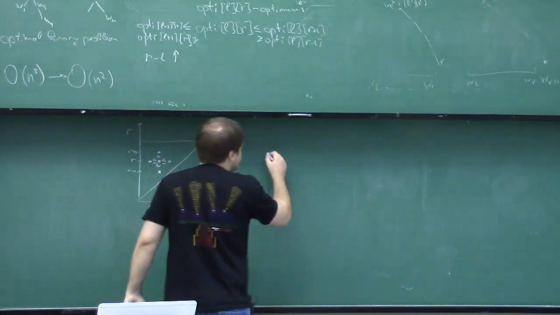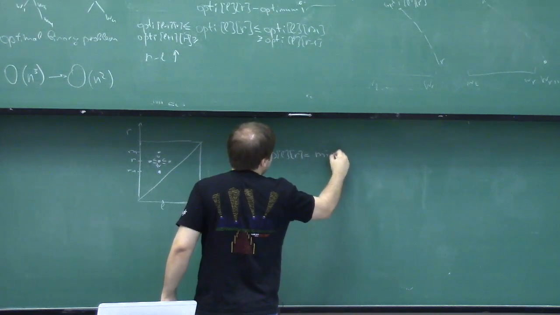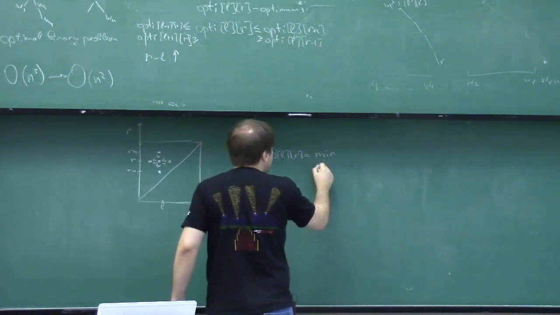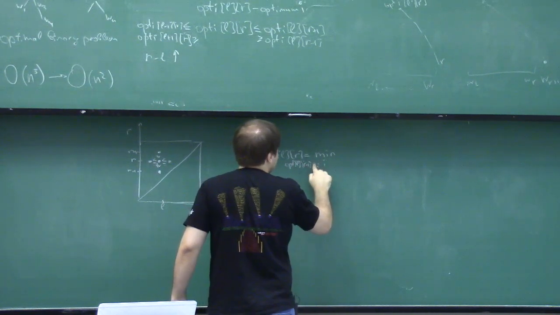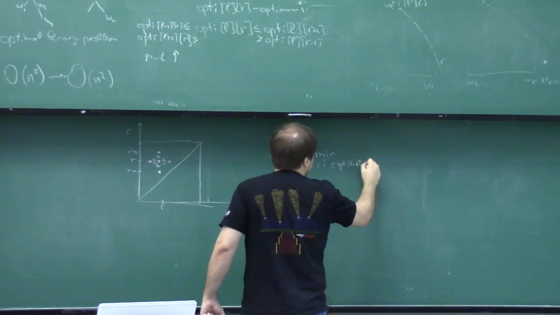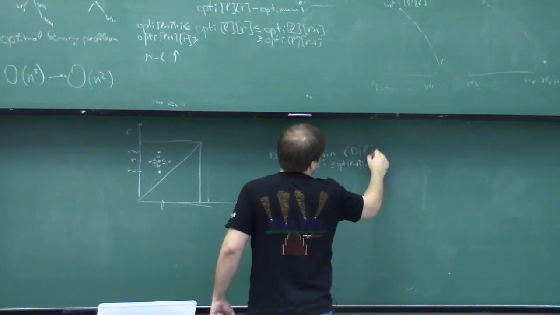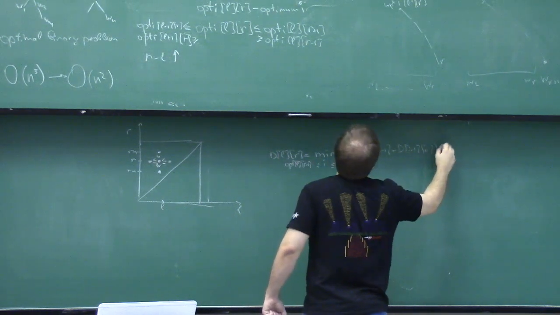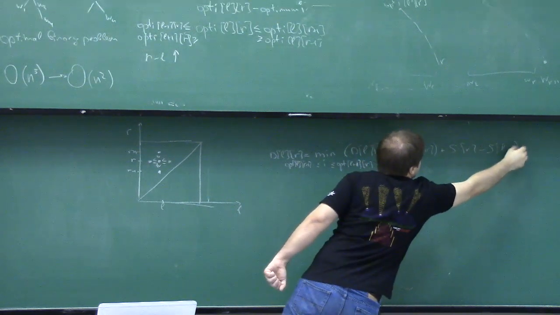Actually, when we calculate d(L,R), we may write down the following formula. It is the minimum over all i, but not between L and R, but between opt(L,R-1) and opt(L+1,R), of the same stuff, of d(L,i-1) plus d(i+1,R) plus S_R minus S_(L-1).